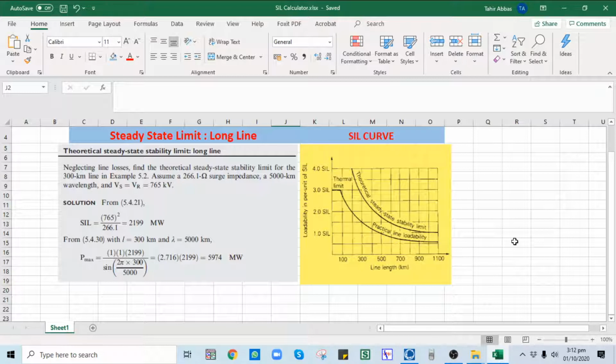So in order to calculate the SIL, that is V square over characteristic impedance.